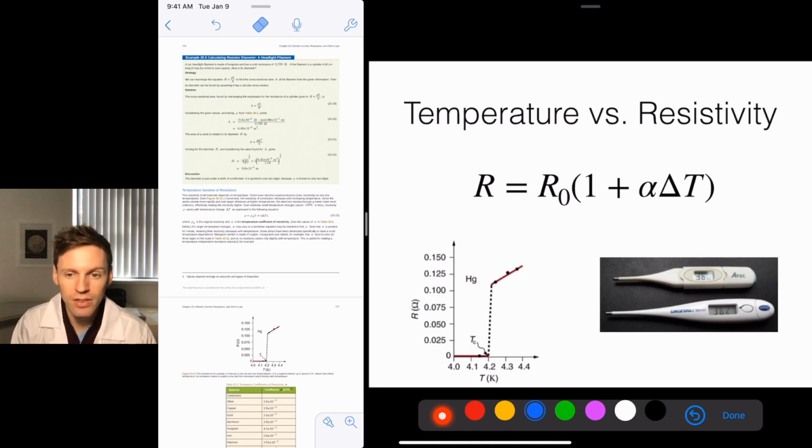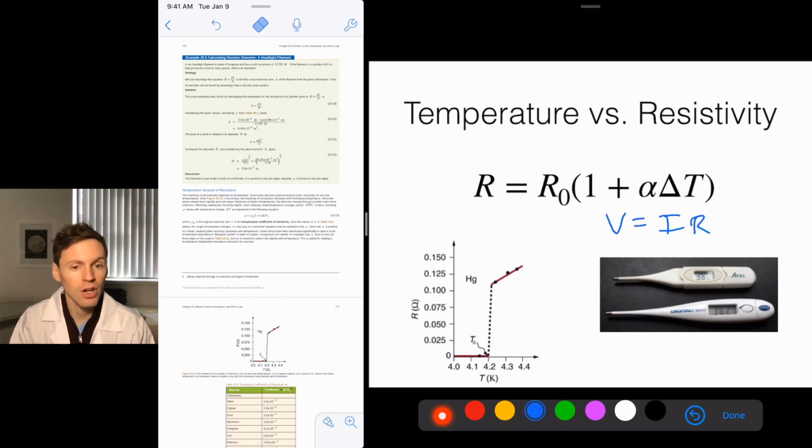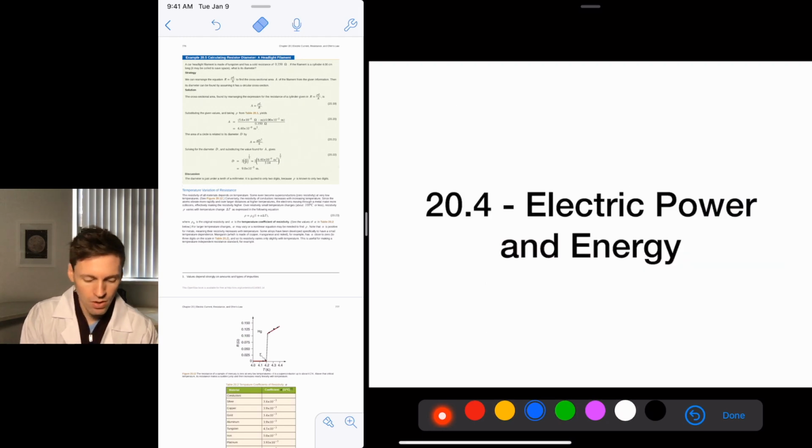And that's how these thermometers work: they measure the current flowing through a resistor over time, and as temperature changes, the resistance changes, which means V equals IR, which means the current changes. You've got a voltage in there from a battery of like 3 volts or whatever, so that's constant. So if your resistivity changes, your current changes, and if you have a current measurement, then that's all you need to measure temperature.